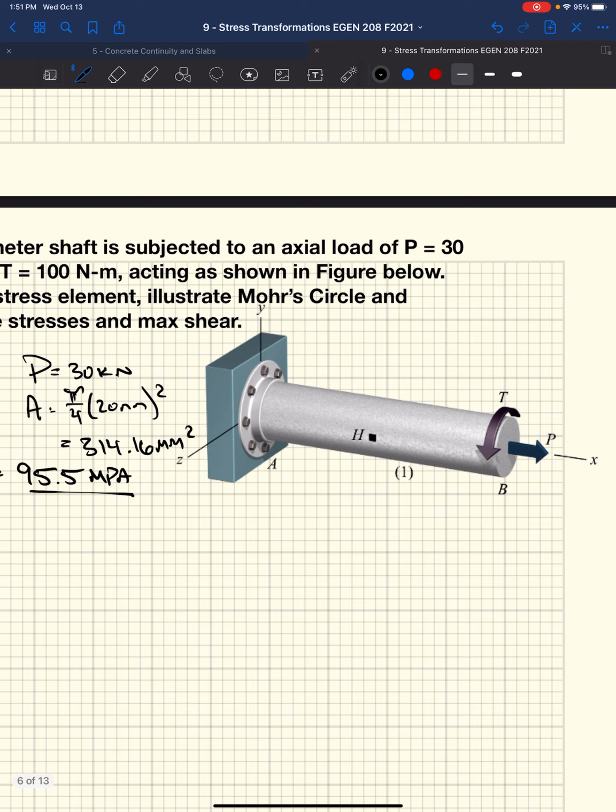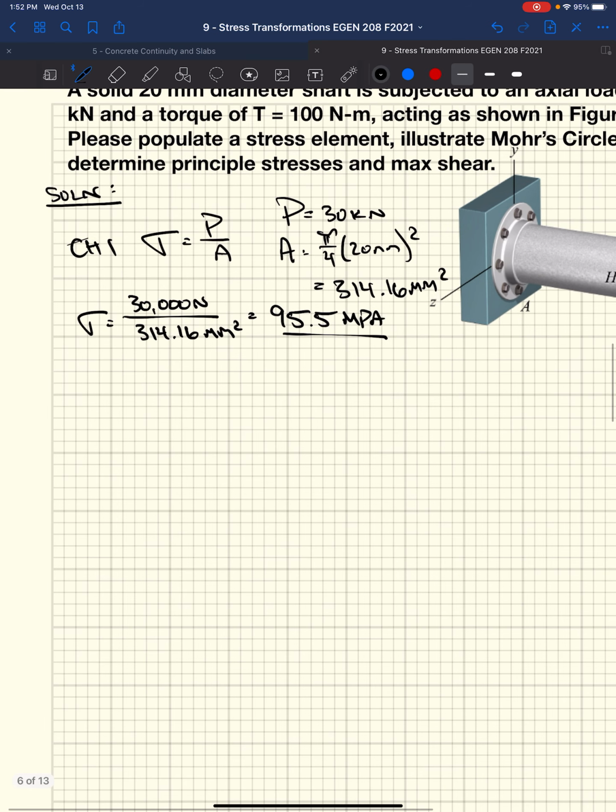We can all agree that that's going to be the normal stress throughout this whole shaft, right? If you cut this shaft and looked at a free body diagram along its entire length, you'd get to the support where we have a resisting force. That normal tensile stress is going to be acting along the entire length. Also, we're going to have shear stress because we have torque, right?